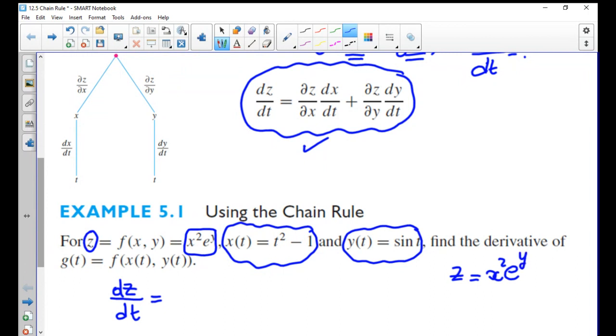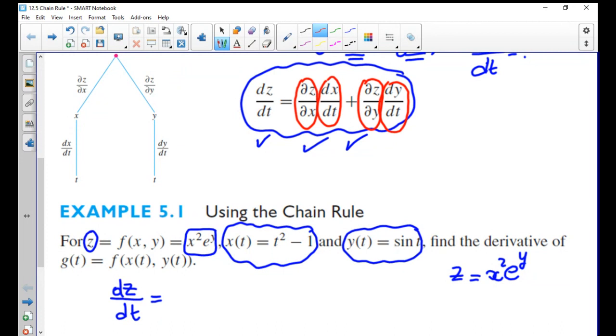So if you look at this rule, the chain rule with these two variables x and y, each one a function of t, if I want dz over dt, can you see how many things we need to calculate? How many things we need to find? 1, 2, yes, actually 4. You can see that there are 4 things that we need to find here.